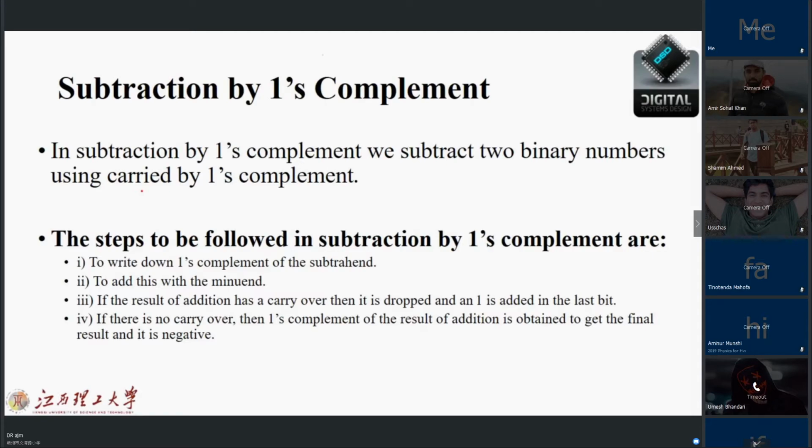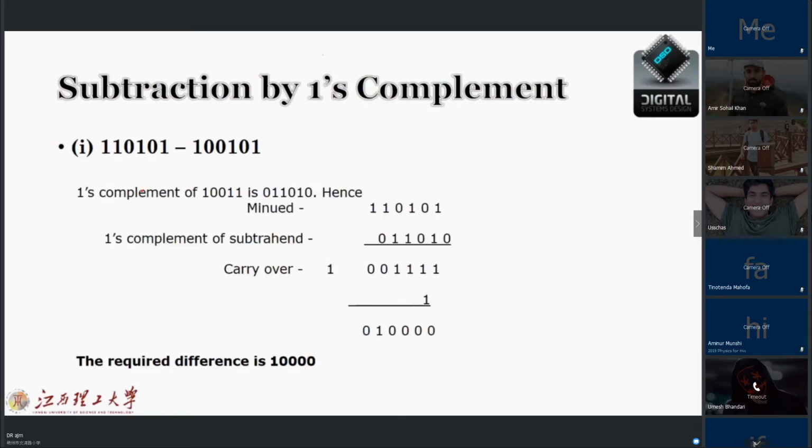See one example. Suppose I want to do the subtraction between 110101 minus 1001001. Okay, what should we do? First of all, we should take the first complement of the second number. What was the rule for the first complement?